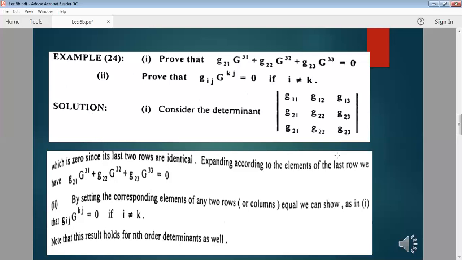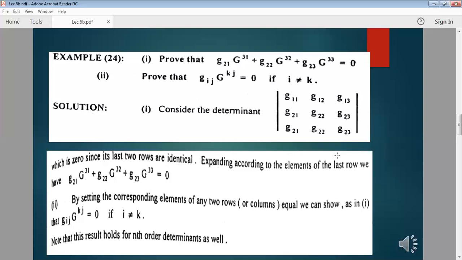And for the generalized case, we prove that G_ij times capital G_kj is equal to 0. This means if we multiply the elements of any row with the cofactors of some other row, it will give answer 0.